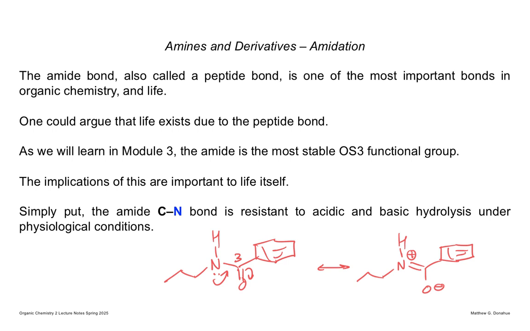The amide bond is the strongest oxidation state 3 functional group bond. Because of that, amides are very hard to hydrolyze, and what I mean by that is just break that amide bond. Biologically that's important because the things that do reactions in your cells are proteins. They're made of amide bonds. You don't want them willy-nilly breaking down. So the proteins are made of that very strong bond, and they're able to carry out their function without being hydrolyzed.